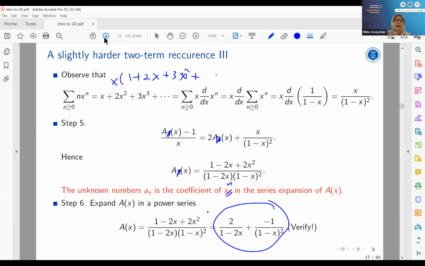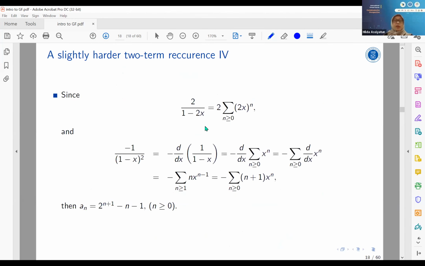This one is the geometric series, and this one we have seen before: it is the derivative of our geometric series. From here, we need to clean up a bit to make sure that the indices of both sides are the same.